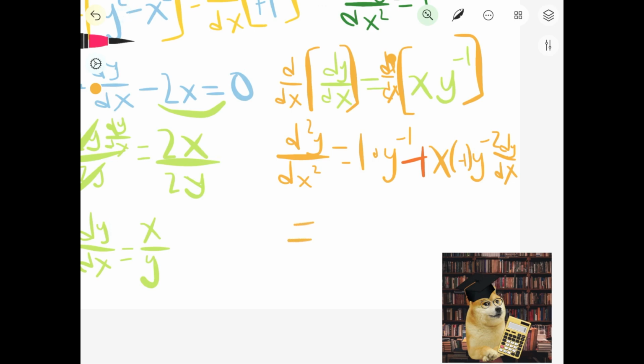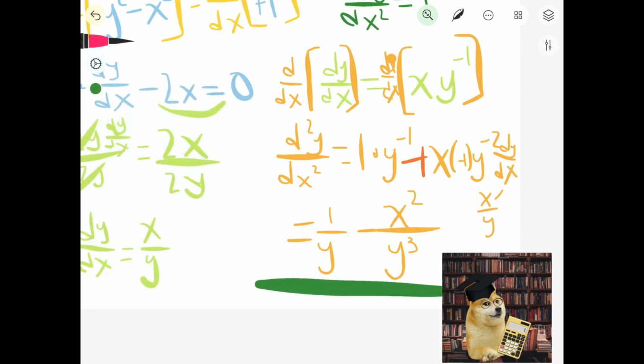So what we will be left with is a 1 over y, minus, because now we have this one, we just put it next to here, 1, and we have x squared, because as you see this is x over y, so x times x will be x squared, and this y to the -2, this is like a y to the -1, so adding them it is a y to the -3, but we can just pass this to the bottom, making it y to the power of 3, and this will be basically our solution.